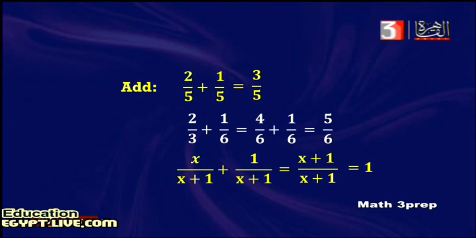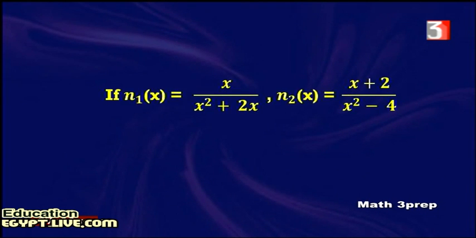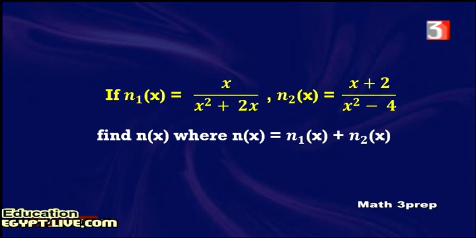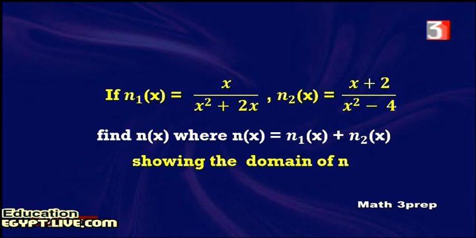Then, if n1 of x equals x over x squared plus 2x, and n2 of x equals x plus 2 over x squared minus 4, find n of x, where n of x equals n1 of x plus n2 of x, showing the domain of n.